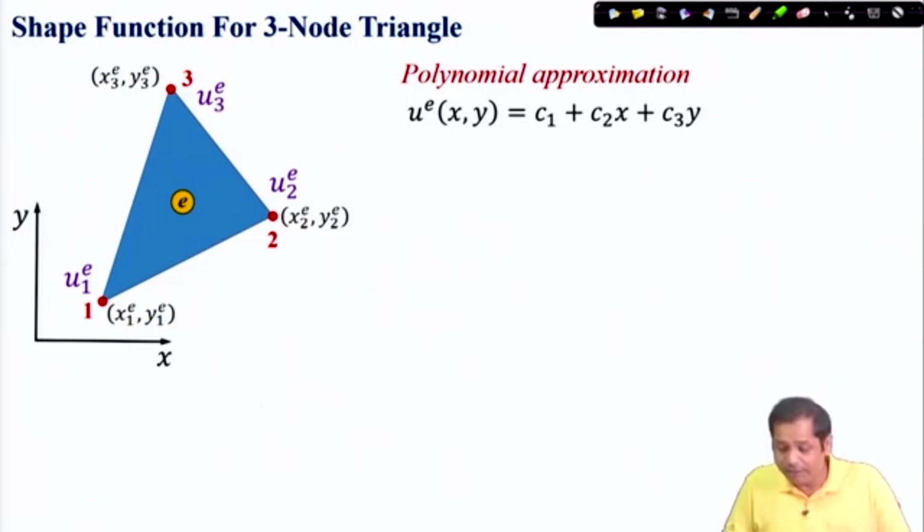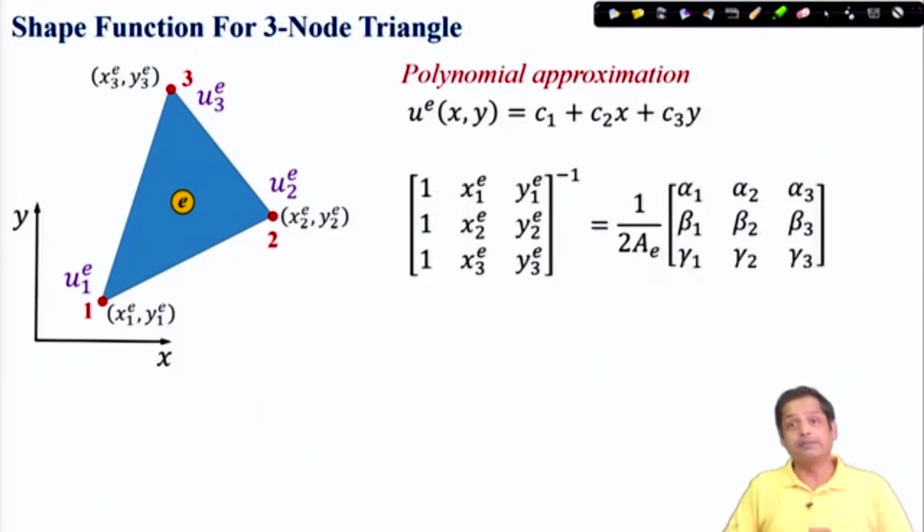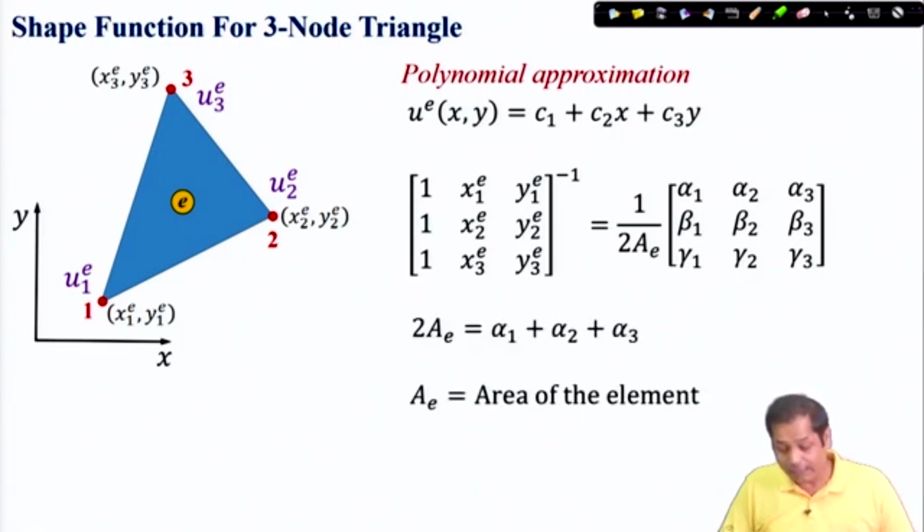And suppose the inverse of this is this, where AE is the area of the element. Now, since these expressions are written in terms of x1, y1, x2, y2 and x3, y3, we have written alpha 1, alpha 2, alpha 3 and so on.